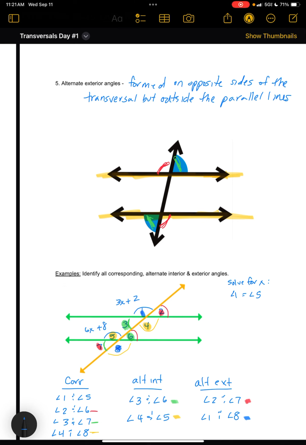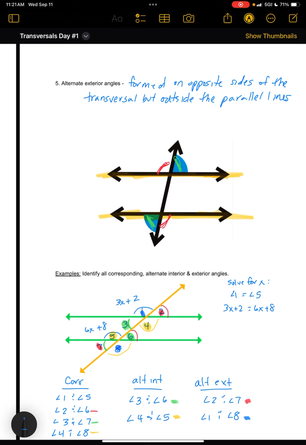Because they're corresponding angles. Corresponding angles have to be equal. So if I set it up, 3x plus 2 is equal to 6x plus 8. I've set that up to where the two angles are equal.